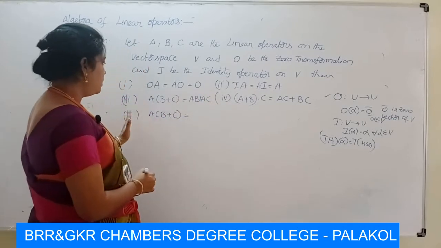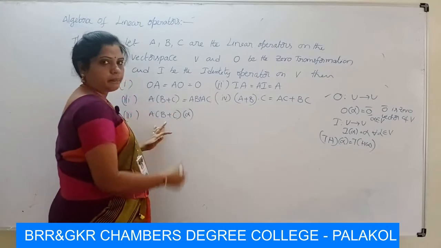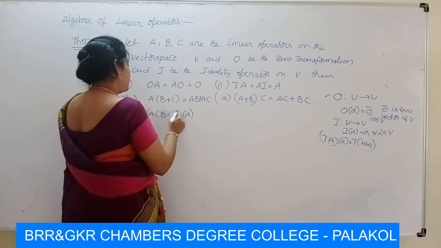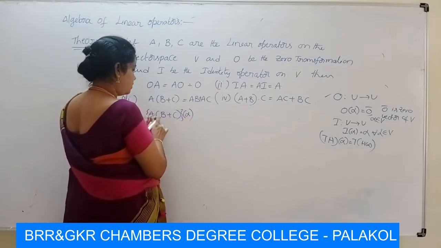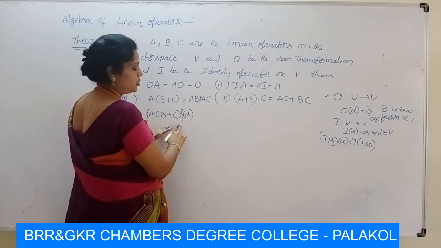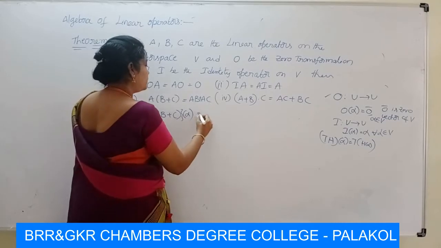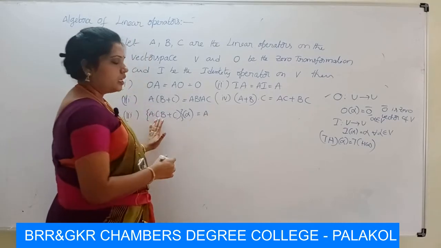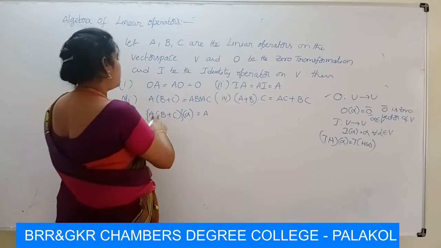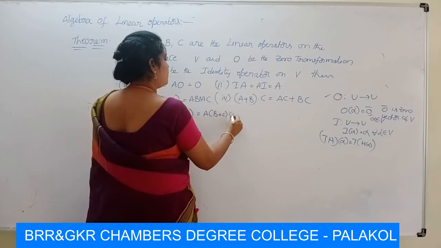So first of all, take an arbitrary element alpha, then A into B plus C of alpha. So here A into is a product of the transformation B plus C. B plus C is the sum of the transformations. So here A product, A of H of alpha, where H of alpha means B plus C of alpha.